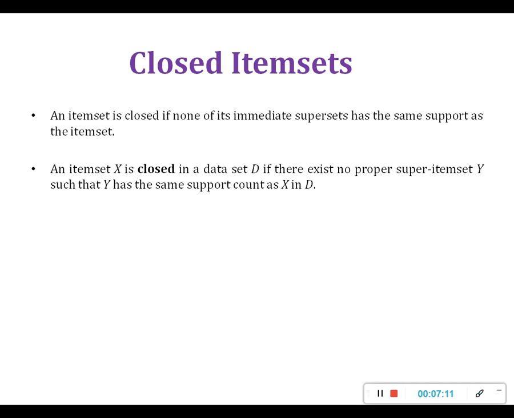My data set, its name is D. And I am saying the item set x, whatever I have chosen, is closed in my data set D if there exists no proper super item set y such that y has the same support count as x in D. Means none of its immediate supersets should have the same count as the item set.